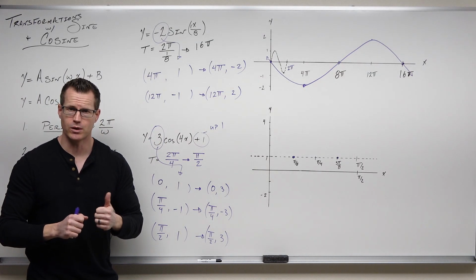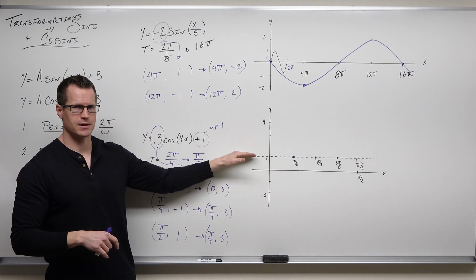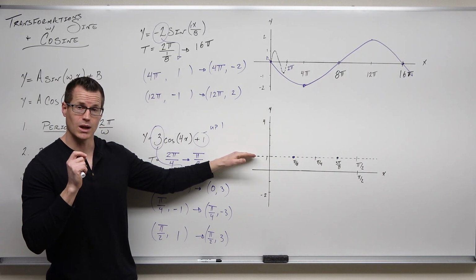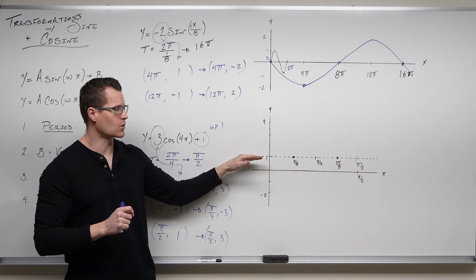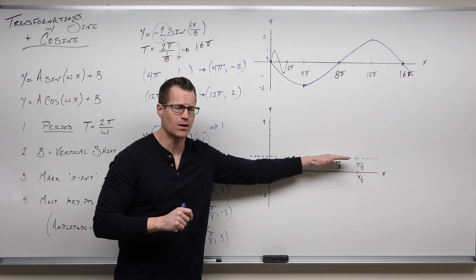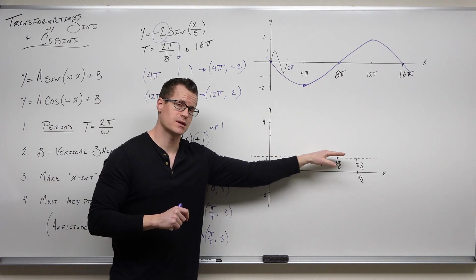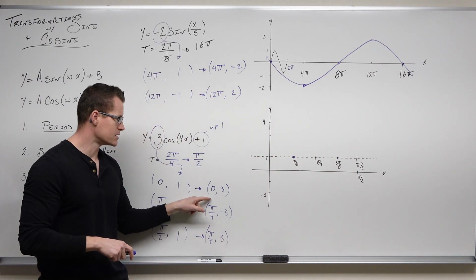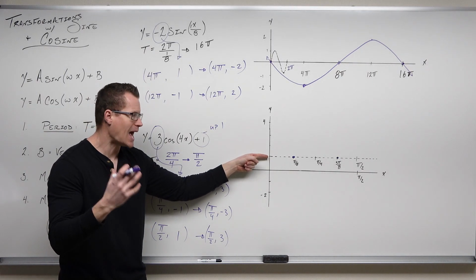Now we're going to plot these key points, but please get this, it's the biggest deal. Because you shifted that, these key points relate to this as acting as your x-axis. I know it's not really there, but it acts like it. And so we plot these points in relation to this thing right here. What that means is that 0, 3, this would act like 0, 0. I know it's not there, but it acts like it.